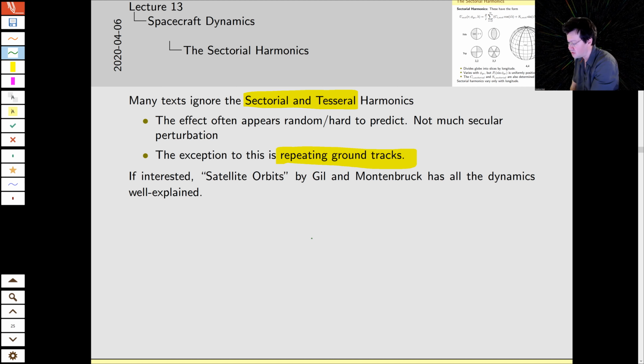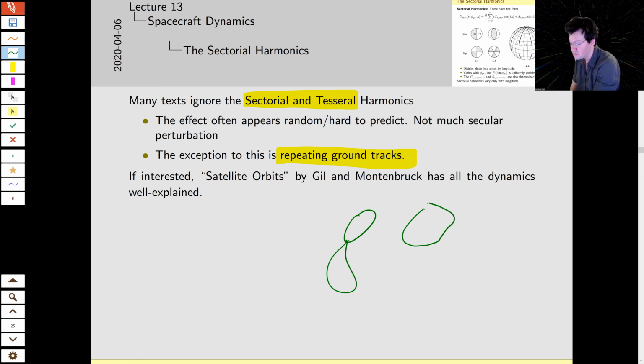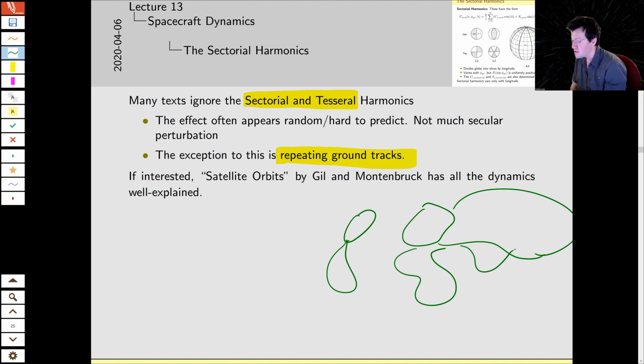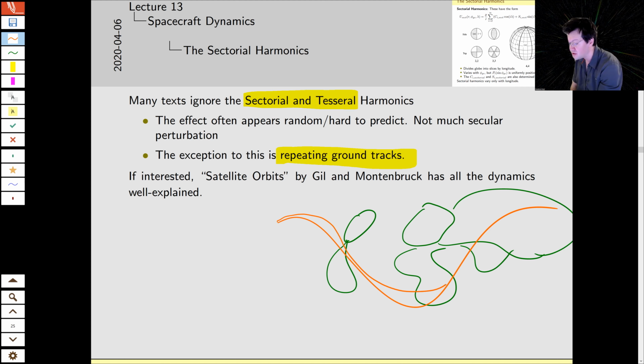So here's North America, South America, Europe, Asia, Africa, Middle East. A repeating ground track looks like that, so that it repeats from orbit to orbit, and doesn't change. In this case, your orbit is always above the same points, the same latitude lines.